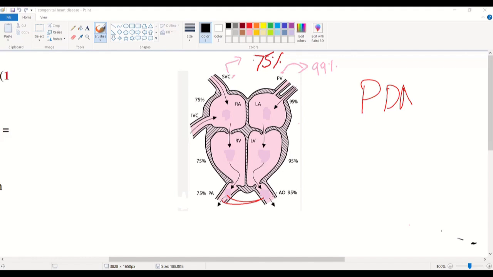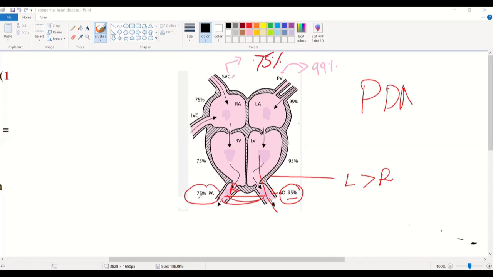After birth, the left-sided pressure is higher than the right side, right? So there is a shunt from left to right. The left side contains higher oxygenated blood and the right side contains lower oxygenated blood.